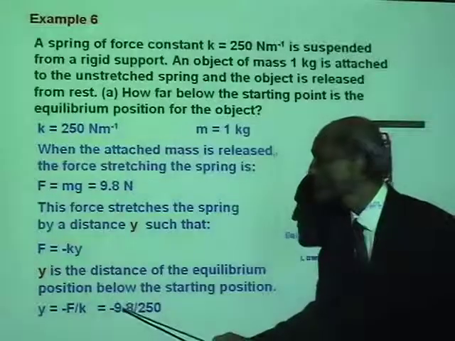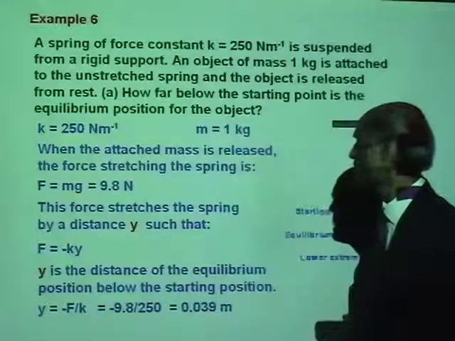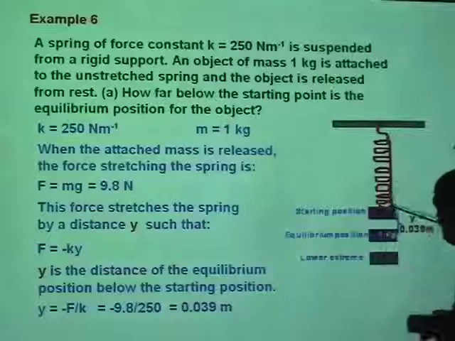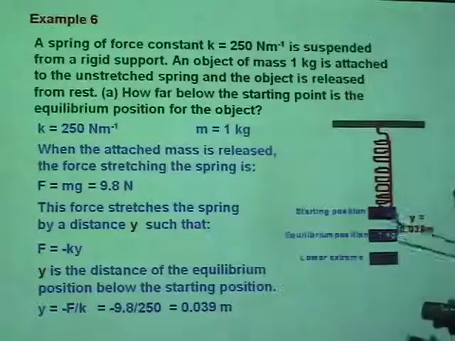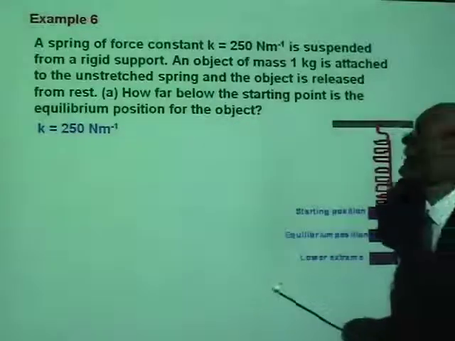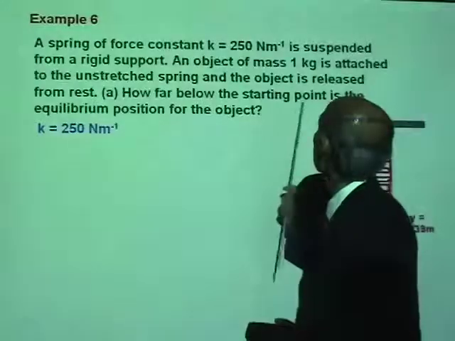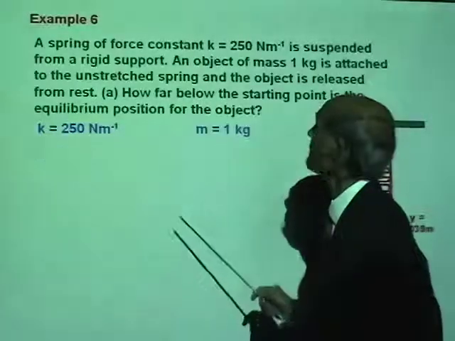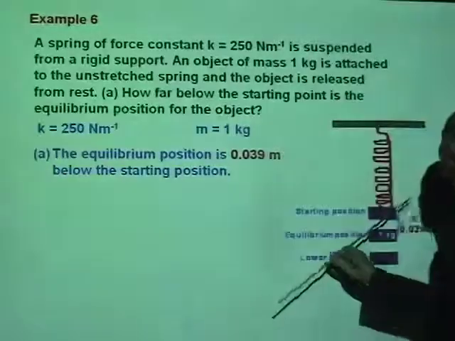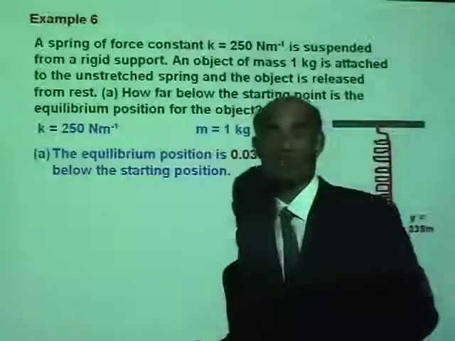So y equal to negative 9.8 divided by 250, that is 0.039 meter. Alright, how far below? So the equilibrium position is 0.039 meter below the starting position.